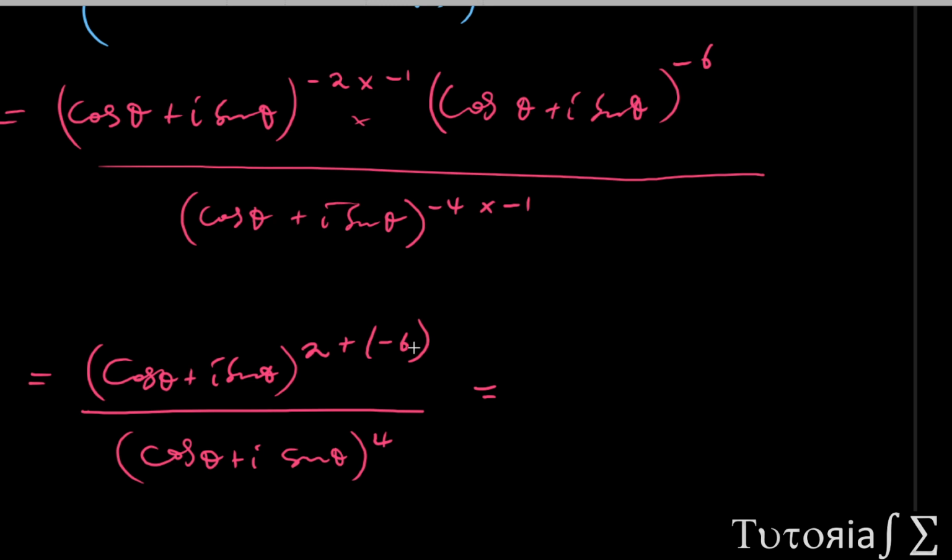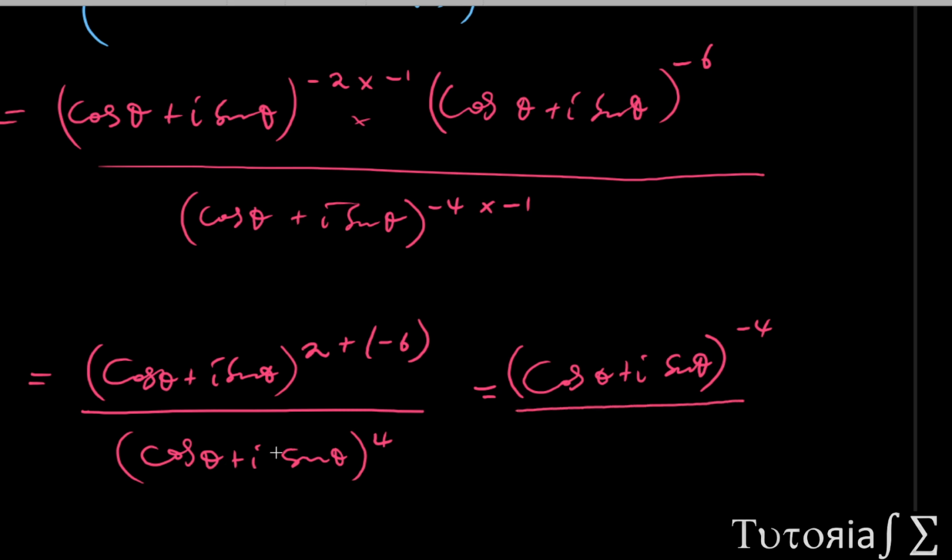So this will simply be cos theta plus I sine theta, then negative 2 plus negative 6, that will be negative 8. Then everything down here.